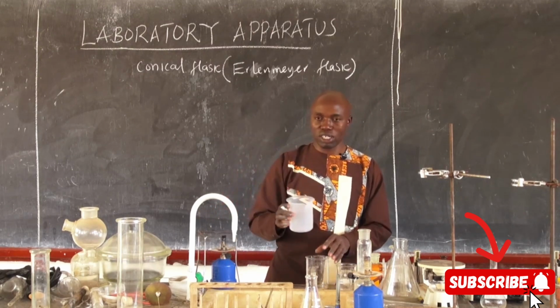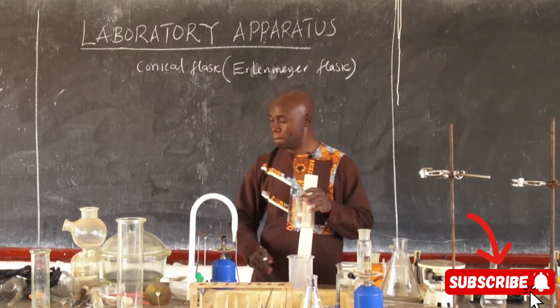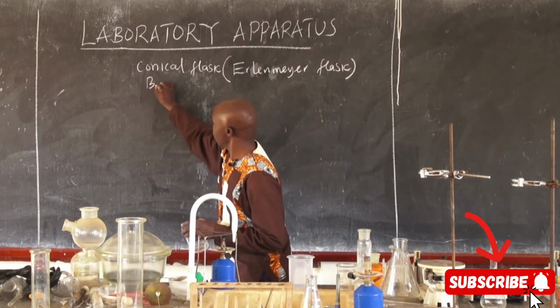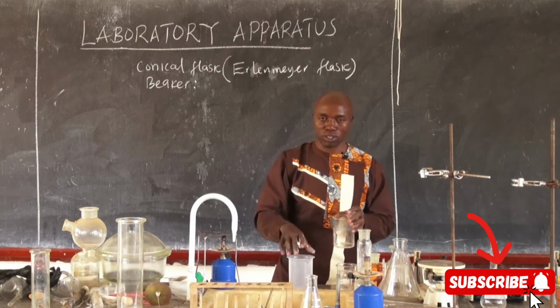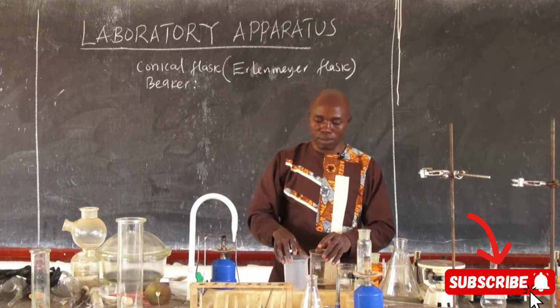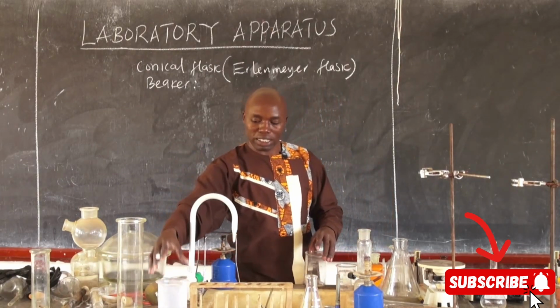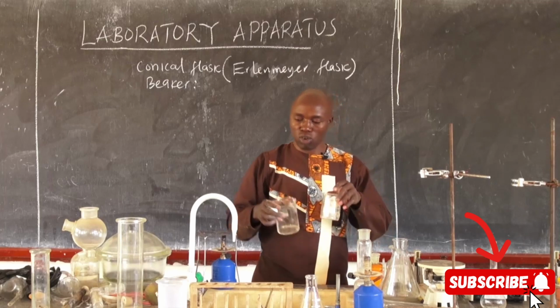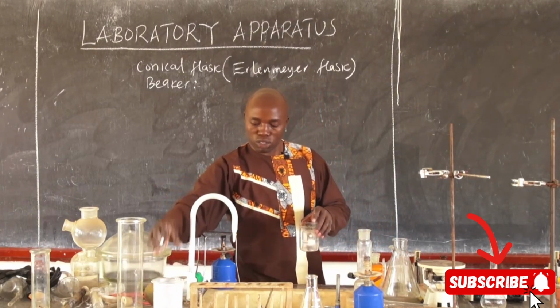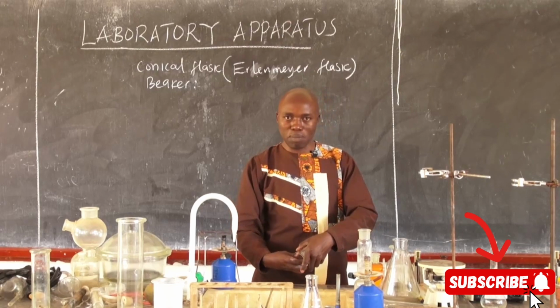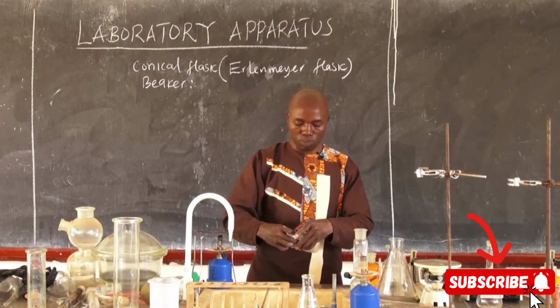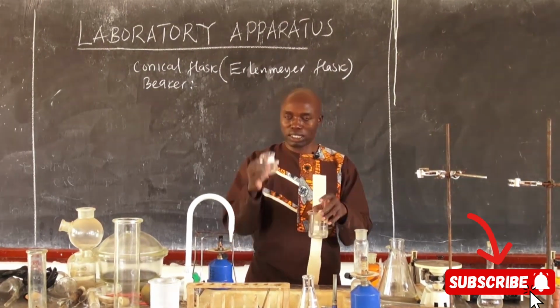So this is called a beaker, used for mixing chemicals, keeping chemicals, and also boiling chemicals. So they appear in various sizes. We can have the small ones, the big ones, and also those that are very big, depending on the purpose that they are supposed to do. So this is the smallest.